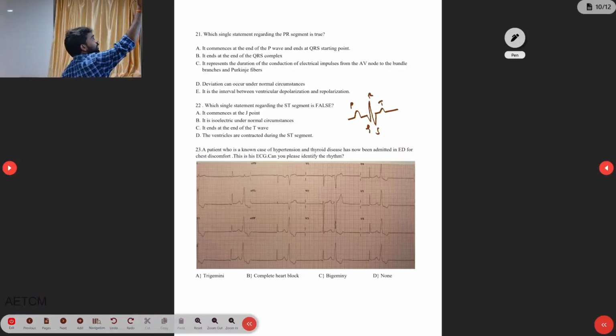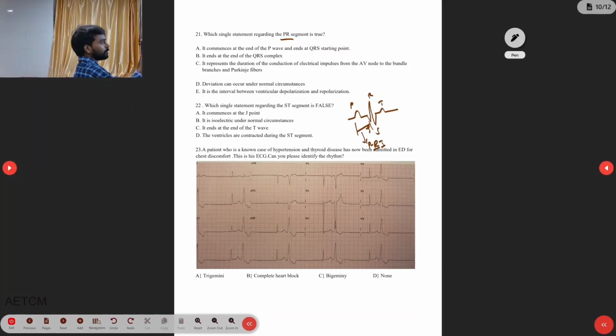Now here we have mentioned the PR segment. So you should know the difference between PR interval and PR segment. The PR interval is from the start of the P wave to the start of the QRS complex. This is called the PR interval.